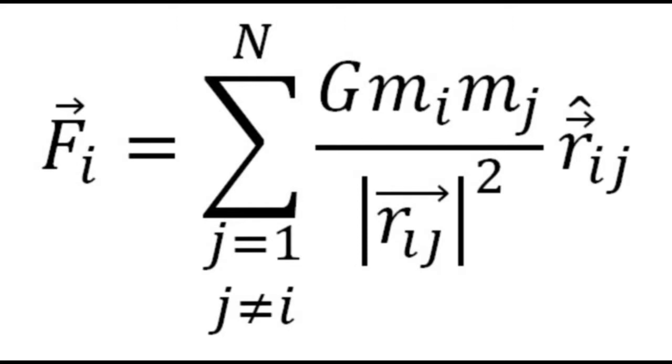So for example, if we had three masses, the force on mass 1 would be F1 equals G m1 m2 over r12 modulus squared times r12 hat plus G m1 m3 over r13 modulus squared times the r13 hat vector. And for any larger number you just simply add more and more terms.